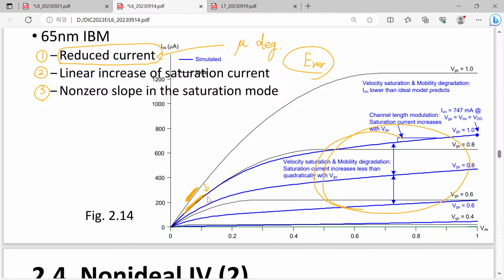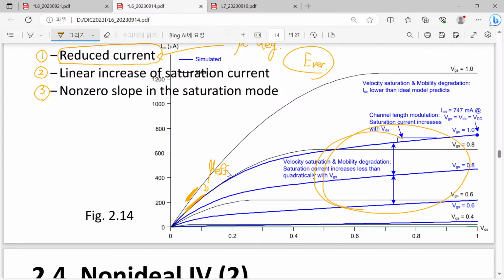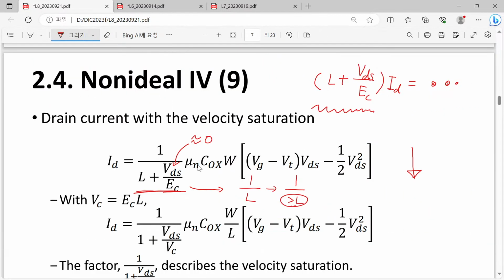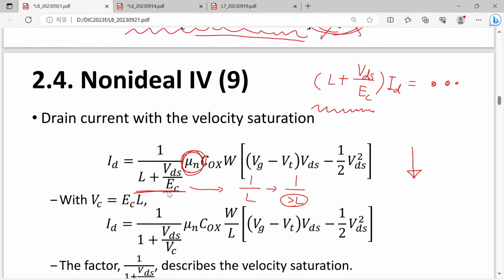Velocity saturation doesn't play any role in this part. So this reduction is only due to mobility degradation due to the vertical electric field. But here we have some values, and this value is simultaneously affected by two factors. One is gate dependent mobility degradation, and also velocity limited mobility. Okay, are you with me?